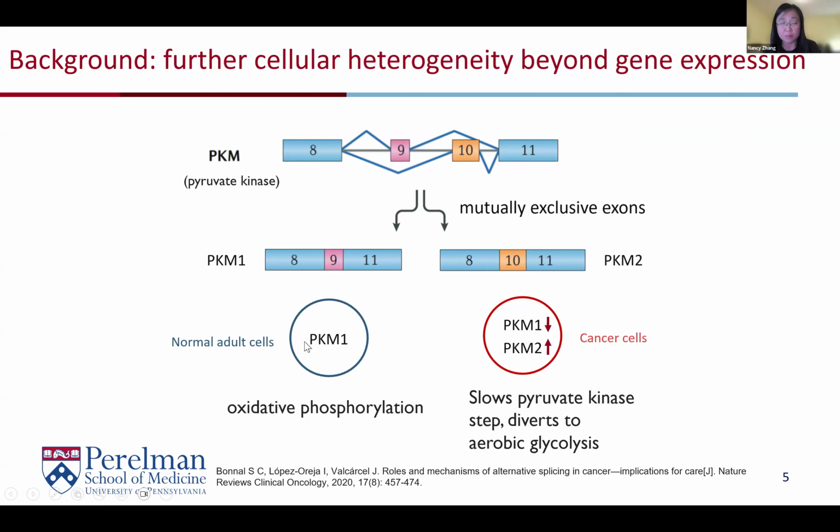It has the PKM1 isoform in normal cells. However, in embryonic stem cells and also cancer cells, it switches to PKM2, and that slows down the pyruvate kinase step and diverts the energy metabolism to aerobic glycolysis. So that's really functionally relevant.